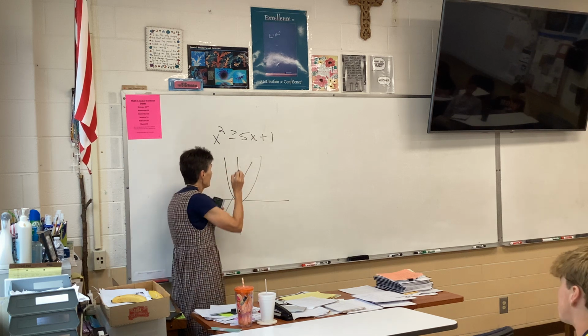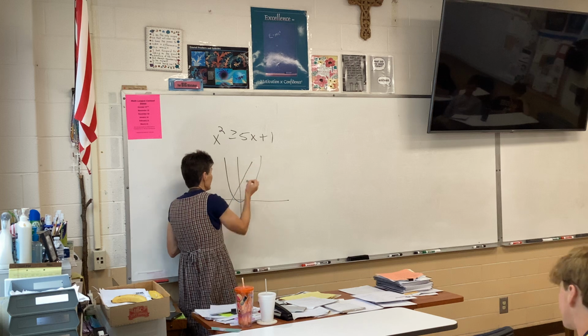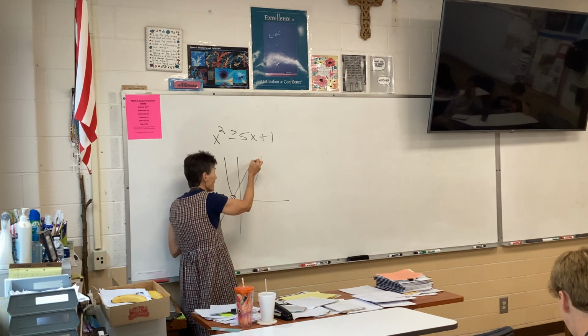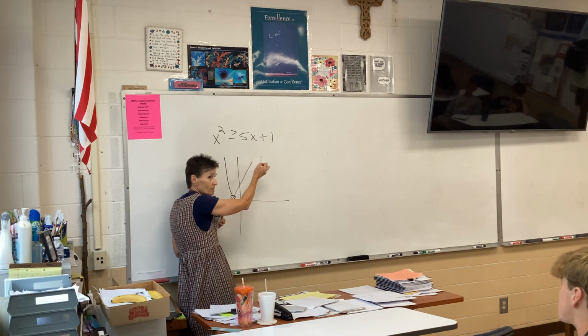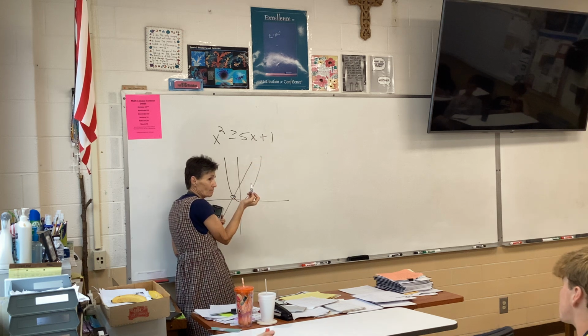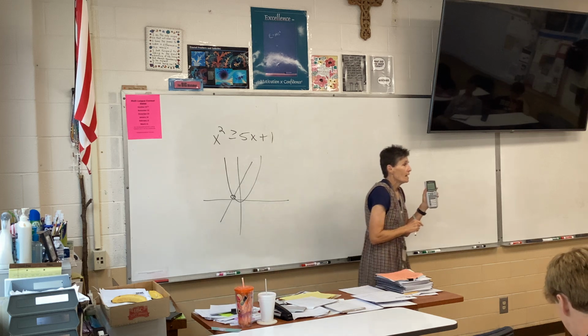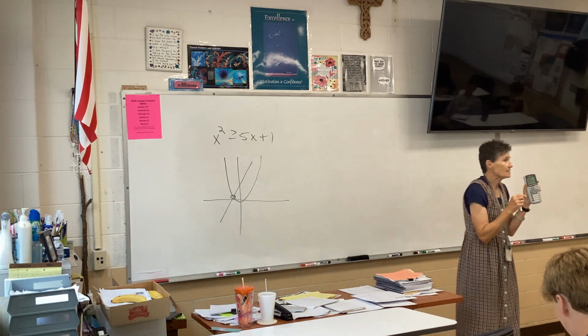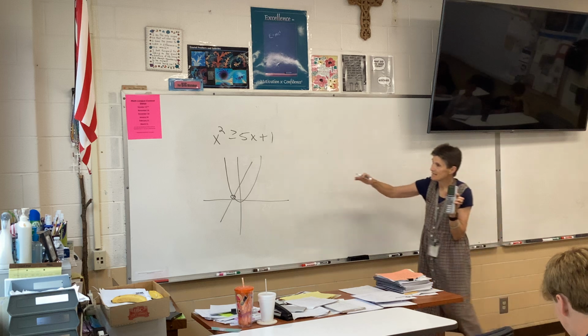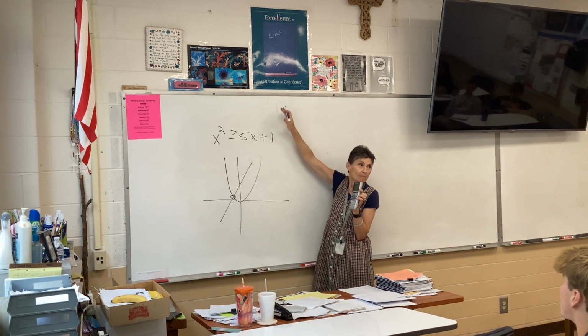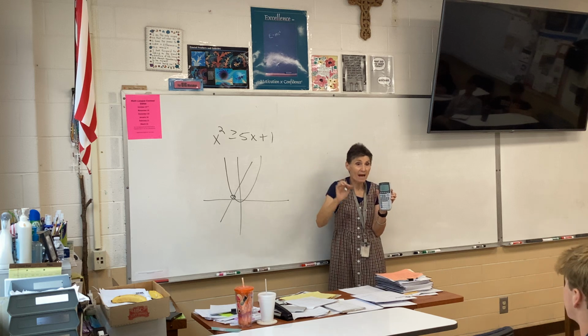Now, if I have set my problem up like this, I am looking for where we intersect. And I have a feeling that it intersects, but I can't see it. So I'm going to go back to my window. What do you think I need to change if I need to see more of my graph up here? Y max.